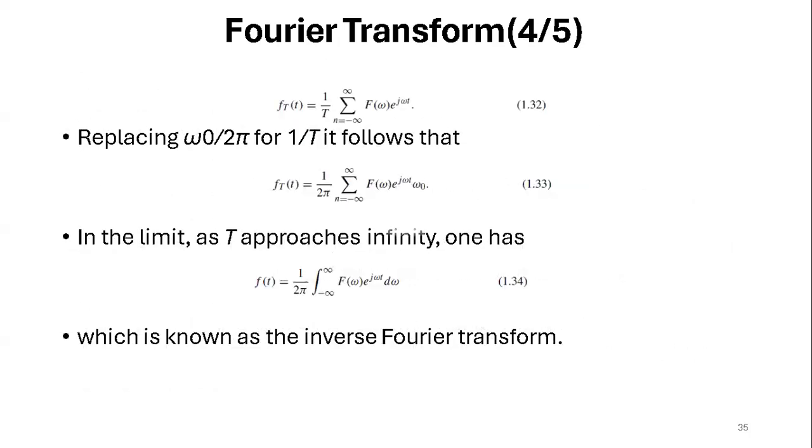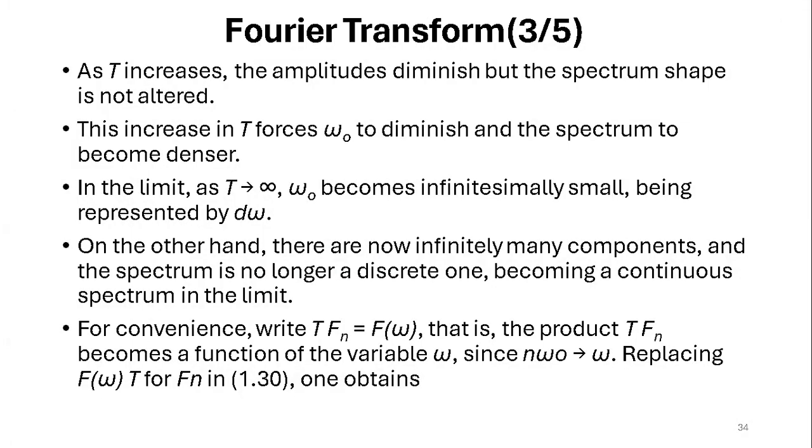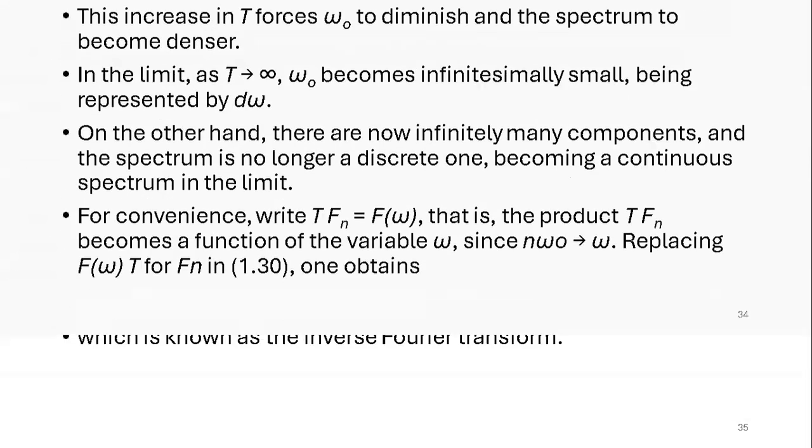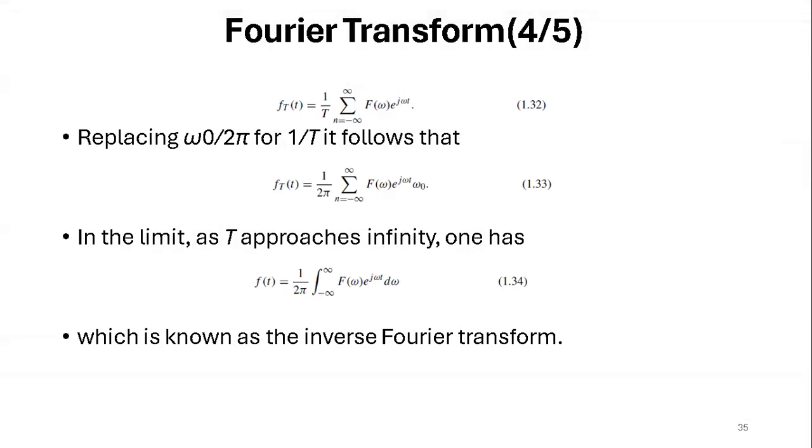So one obtains F of the time period is equal to 1 times the time period summation infinity, replacing omega for 2 by 1 by the full derivative of the 1 2 by summation infinity is equal to n minus f omega e g omega t omega.